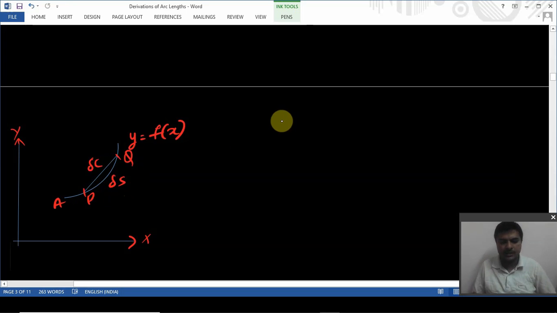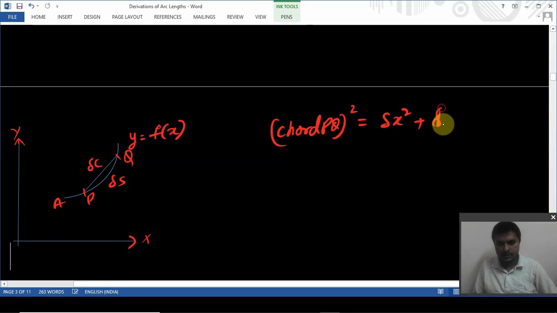One can very easily say that whatever chord we have taken, PQ square will be equal to delta x square plus delta y square. Students, you can easily see that this is true.